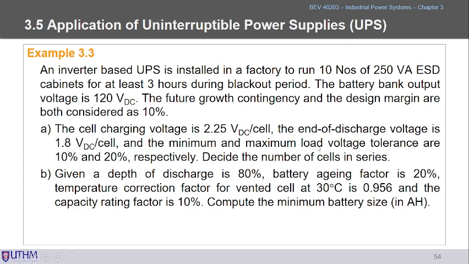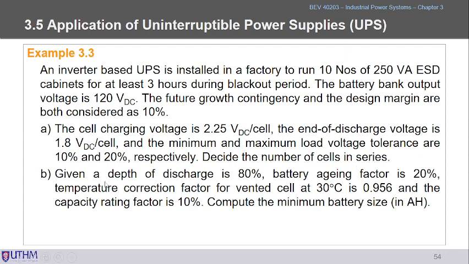And the minimum and maximum load voltage tolerances are 10% and 20% respectively. The maximum, which is positive, is 20%, and the negative load voltage tolerance is 10%. We need to decide the number of cells in series.